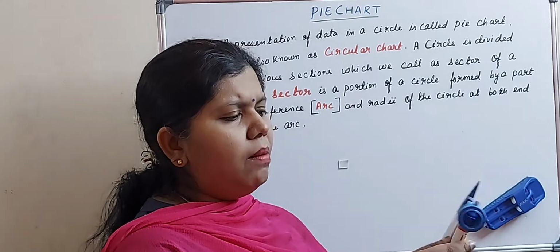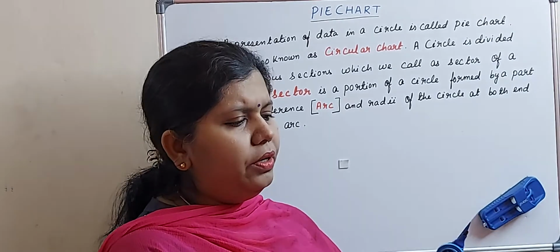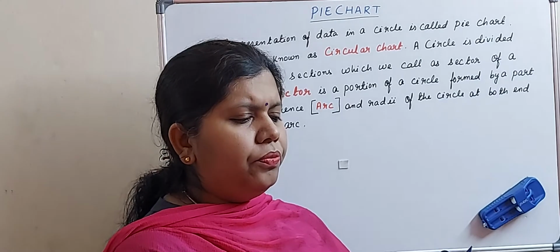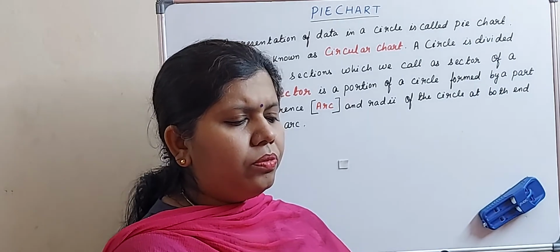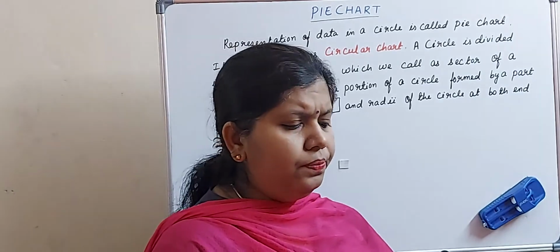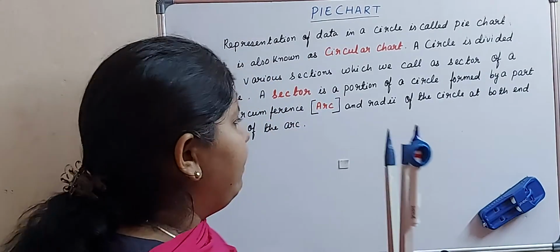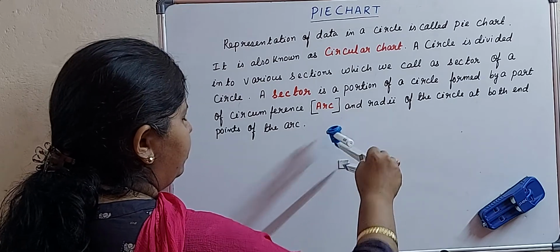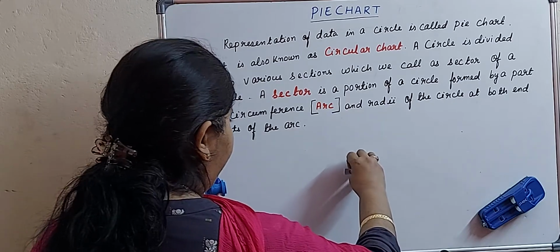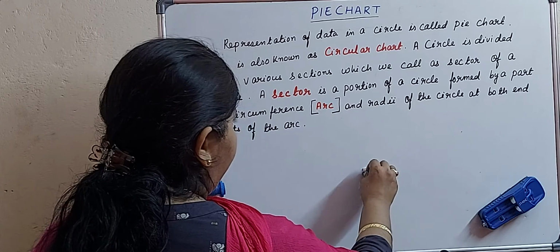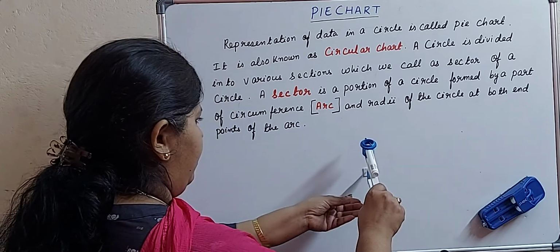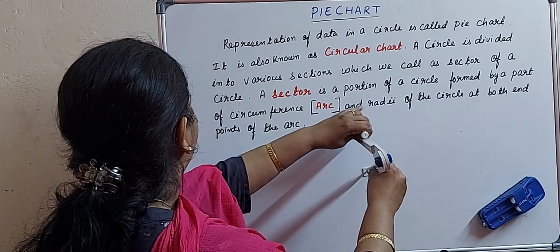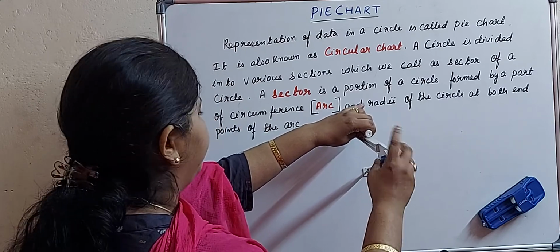You use the compass that you have in your geometry box, and use a pencil to draw. First I will fix a radius. I will fix a radius to draw. A bit bigger I can do. Okay, this large, let it be.